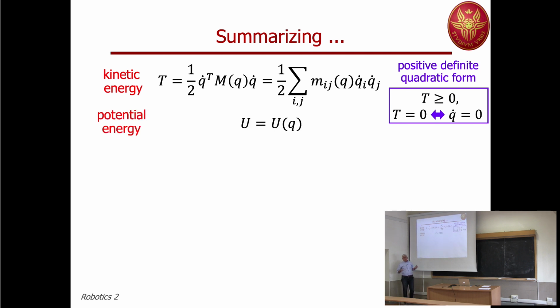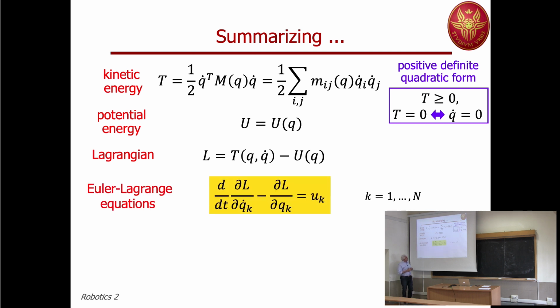And for the potential energy, we don't get any particular structure. We just have seen that it is a function of Q. So we built the Lagrangian, and we should apply this equation. We look at the generalized coordinate qk and velocity qk dot, do the partial derivative.